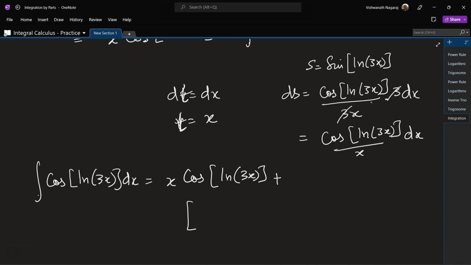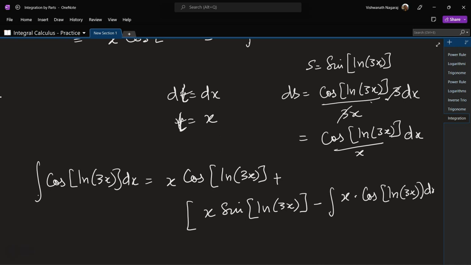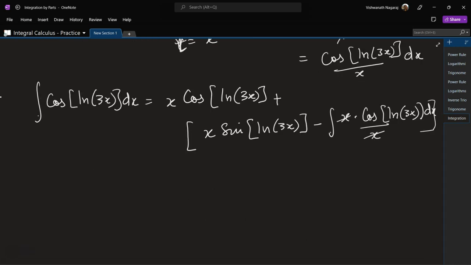S is sine and t is x, so x sine of natural log of 3x minus integral of this will be t ds. T is x, ds is cos of natural log of 3x dx by x. So x cancels, and here if you notice we have the same integral of cos of natural log of 3x dx.